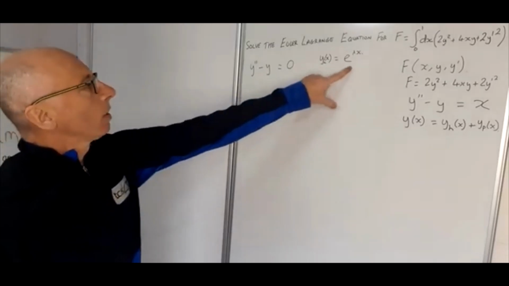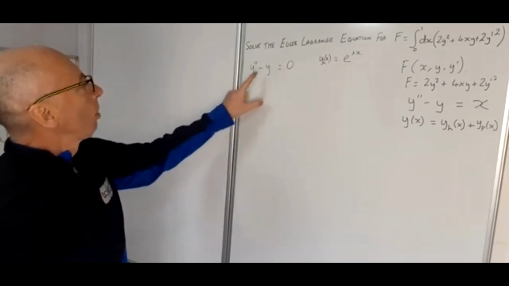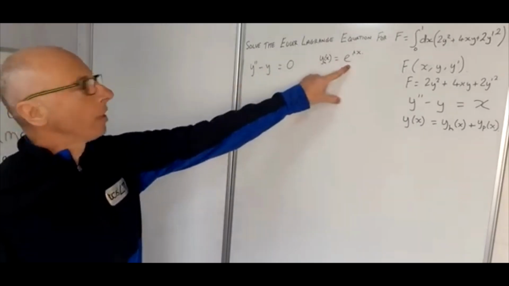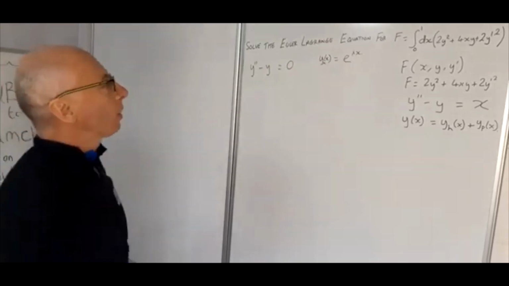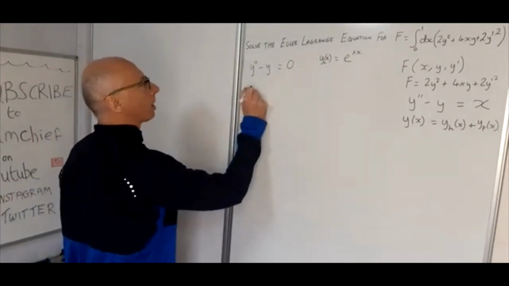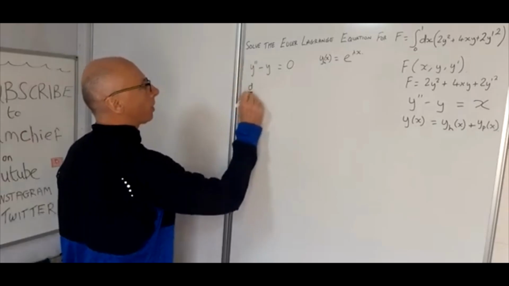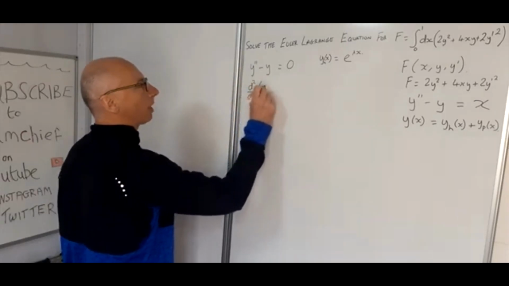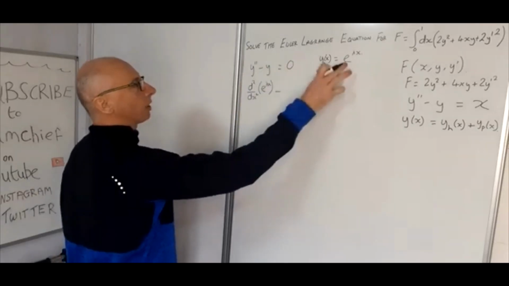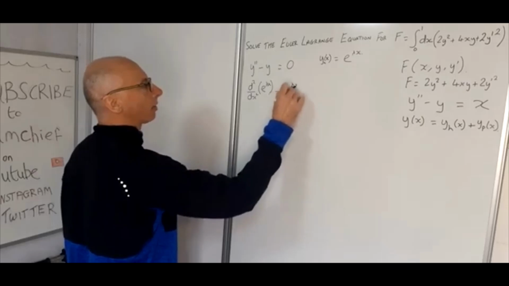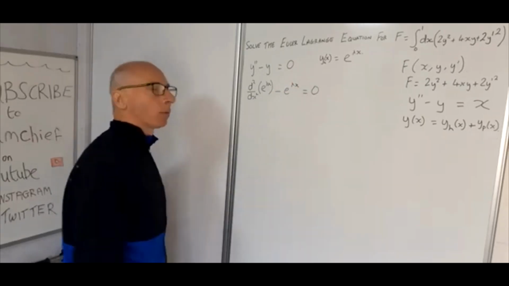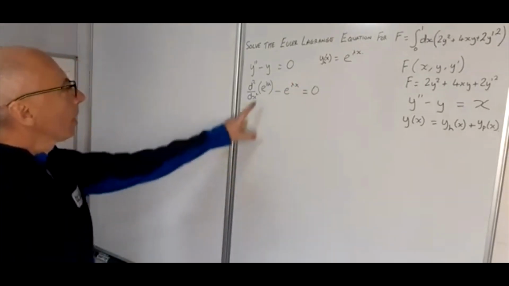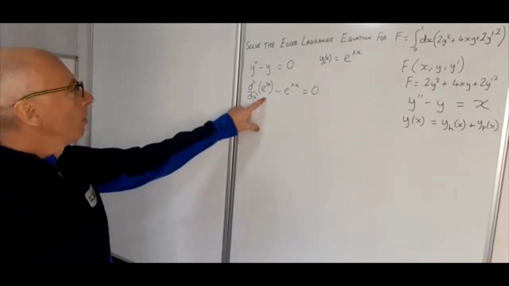So if this is going to be the form of our function, what we do is we take the second derivative of this, subtract it and let it equal 0 and see where we get to. So this is the second derivative, d squared by dx squared of e to the lambda x, and then subtract our e to the lambda x and let that equal 0. Okay, let's take the second derivative of this function.